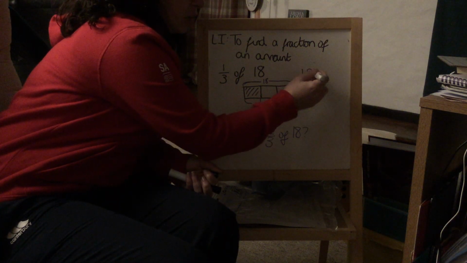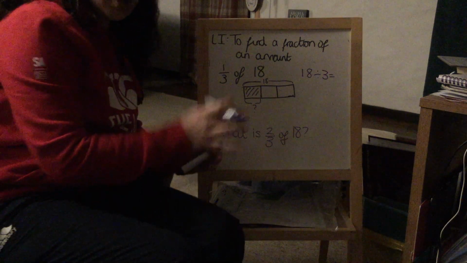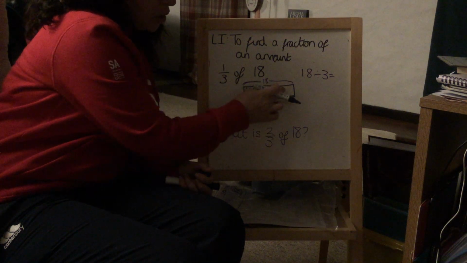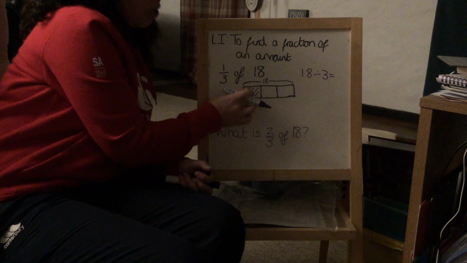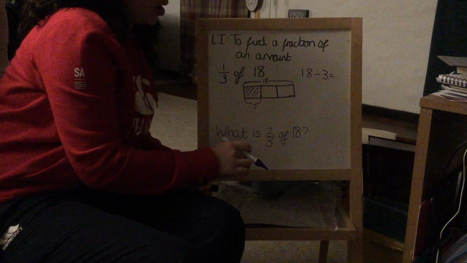So that is the same as just doing 18 divided by 3. That's all we have done. 18 has been split up into thirds, into 3 equal parts. So to work out what one part is, one part would be 18 divided by 3.